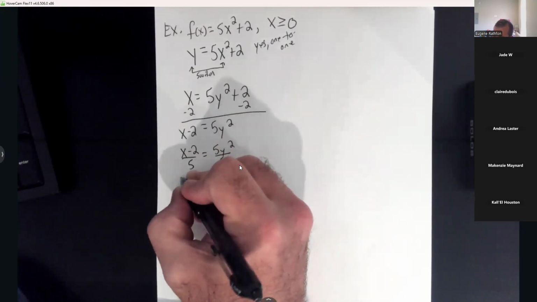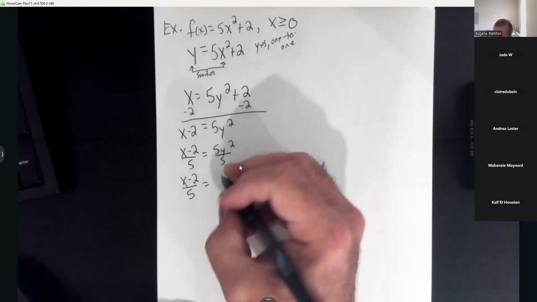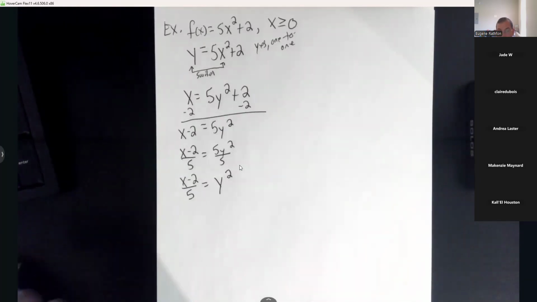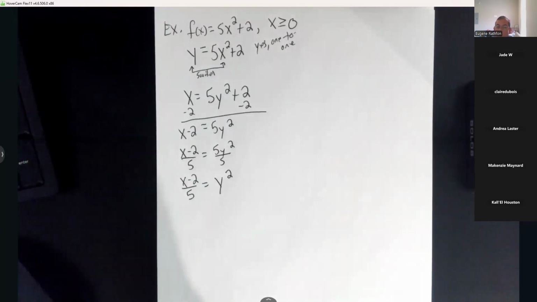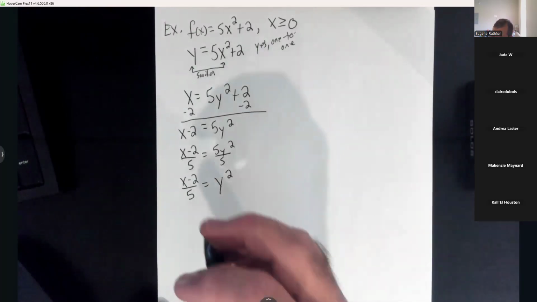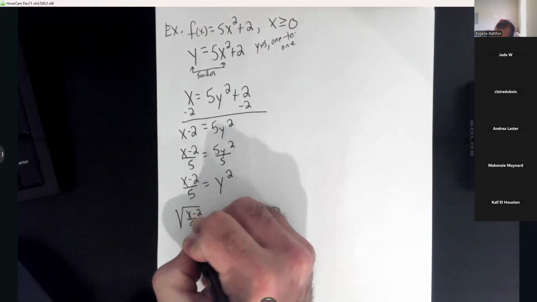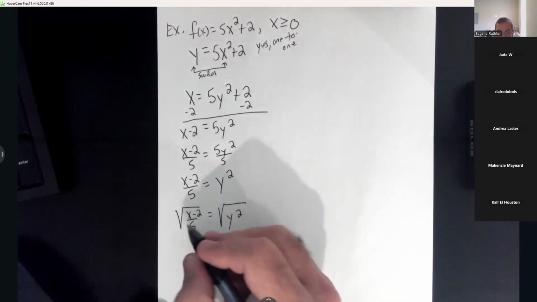So nothing we can do over here. But over here, the 5's cancel, and we're left with a y squared. And then remember, the way to get rid of the y squared to make it a y is to do a square root. So square root both sides. All right, so nothing we can do over here.